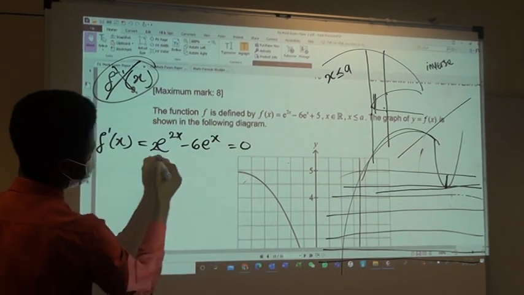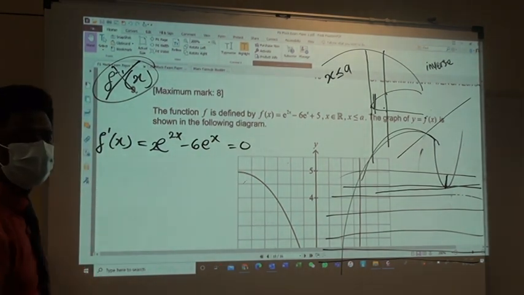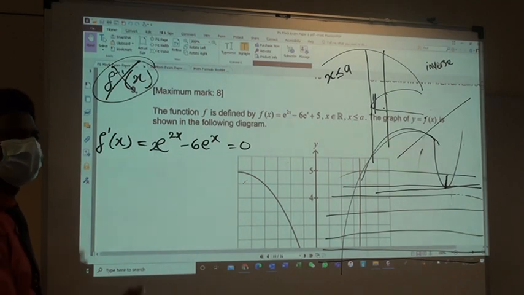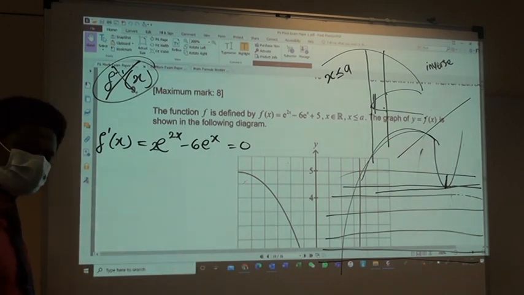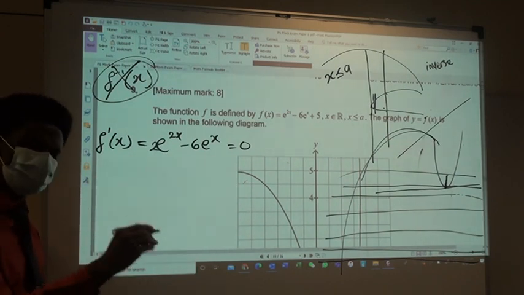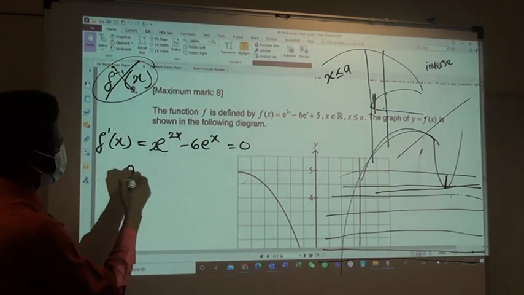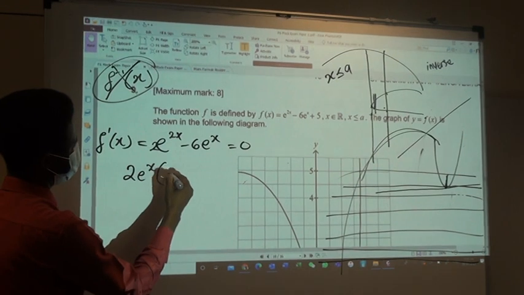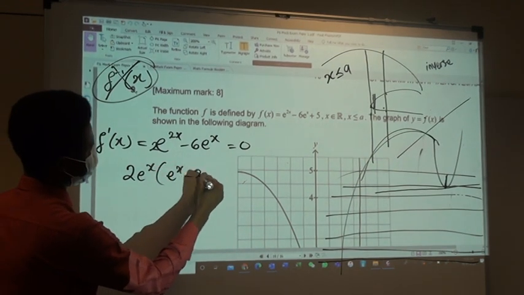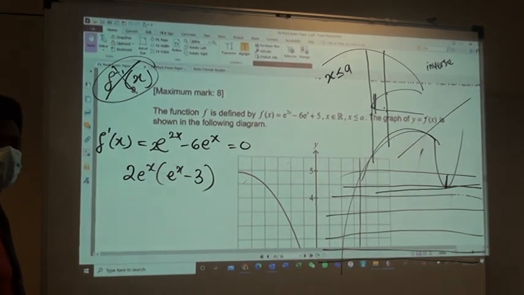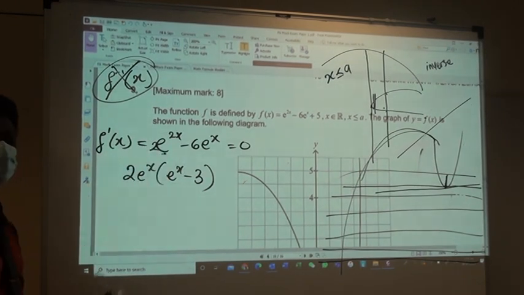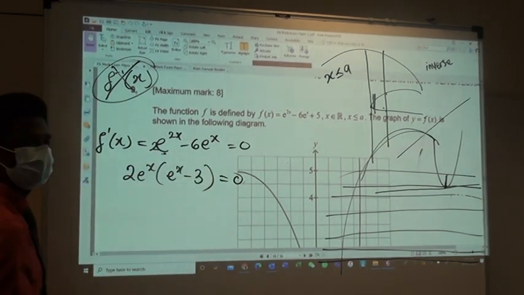So if this is equated to 0, you factorize, and you can divide with a reason. Somebody presented the solution that way and said, since this cannot be equal to 0, I love that. So 2 e to the x, then e to the x minus 3. Remember, this is e to the 2x. That's why you can factorize e to the x out. It's equal to 0.